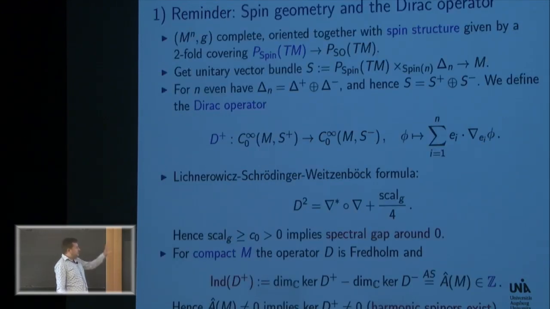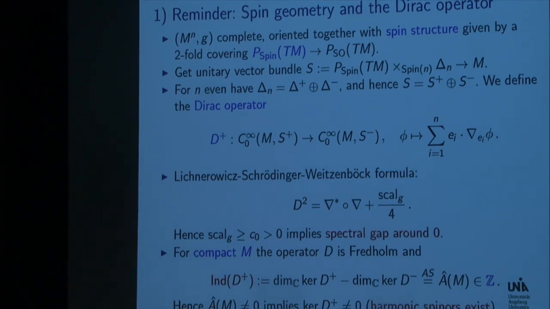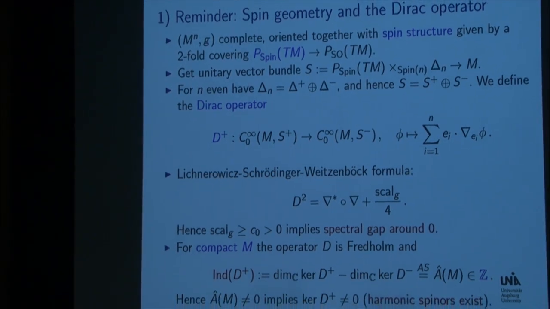To start with, this is an overview of some fairly elementary facts concerning spin geometry and the construction of the Dirac operator. Misha pointed it out on Tuesday already and drew some pictures on the blackboard. So here's the formal definition. We are talking about manifolds which have a little piece of more information. Actually, it's not that little.